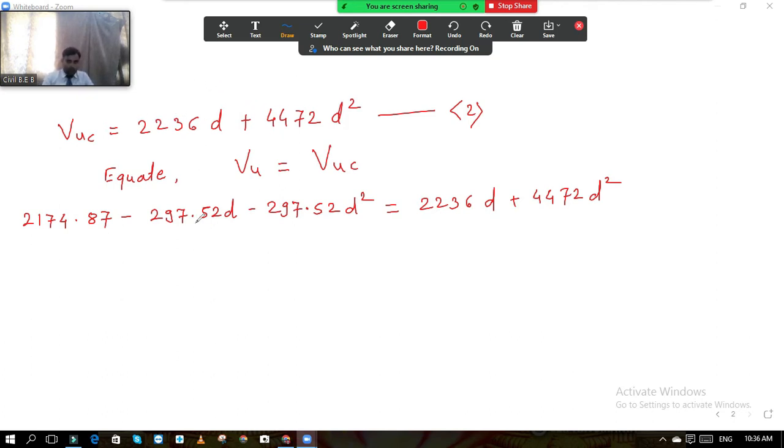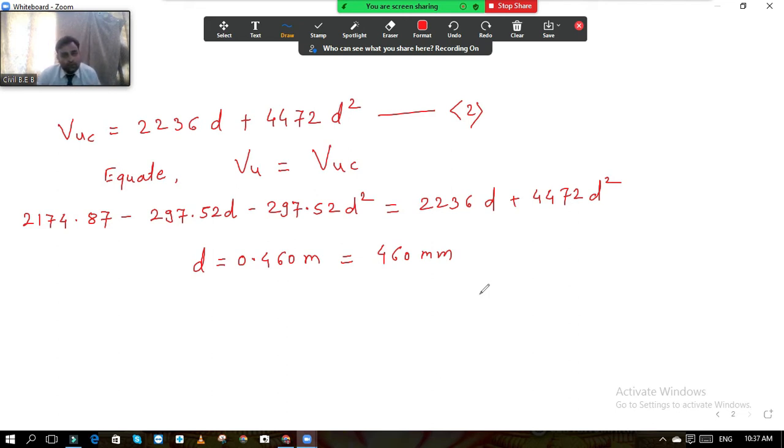So d is equal to 0.460 meter, which is equal to 460 mm. So from two-way shear consideration, if we try to evaluate the depth, then the minimum depth required is 460 mm, that you should provide. That is the interpretation of this. If you provide the depth to the footing less than 460, then this footing will fail in two-way shear.